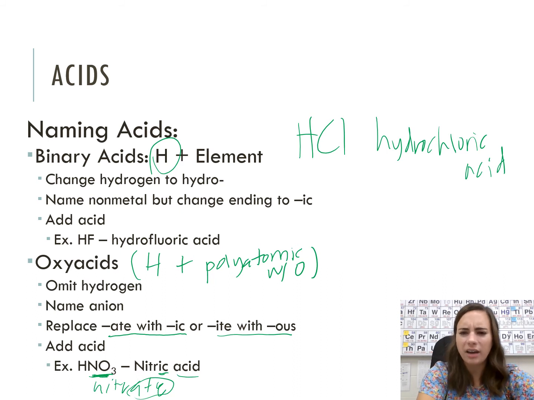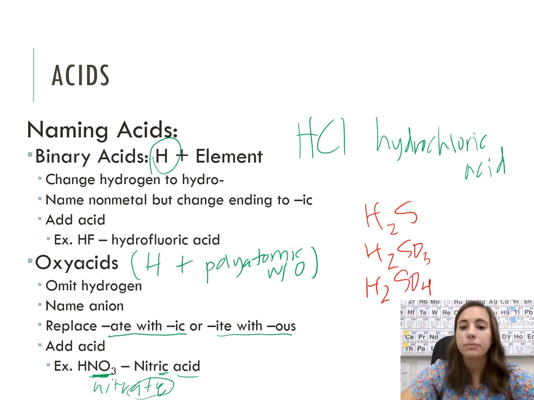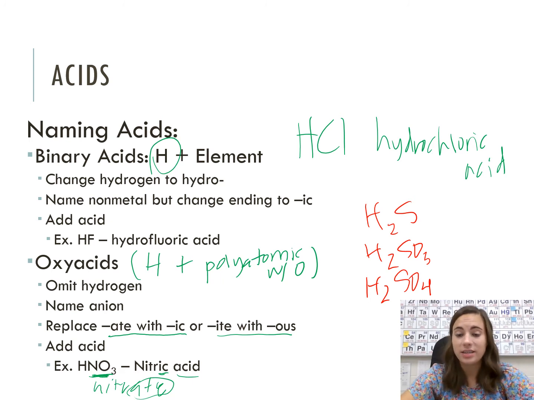So why do we have this weird rule? Let's say we had these 3 acids, H2S, H2SO3, H2SO4. Those are 3 completely different acids. And if we didn't have these rules, just me giving the name wouldn't be able to indicate to you which one of those.